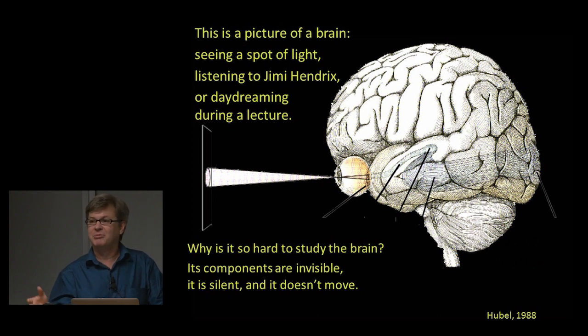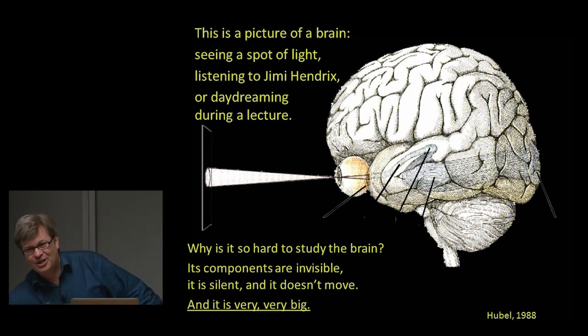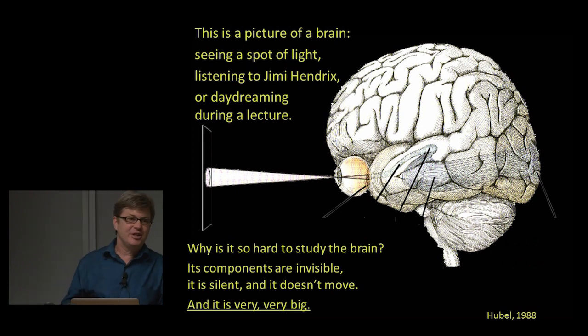We know it's probably the most important hunk of tissue in our bodies, but how do we study it? And I think the most important fact that I'm going to emphasize now, it's very, very big. You know, it's not so big in absolute terms, but if you think of the individual components, it's extraordinarily big.